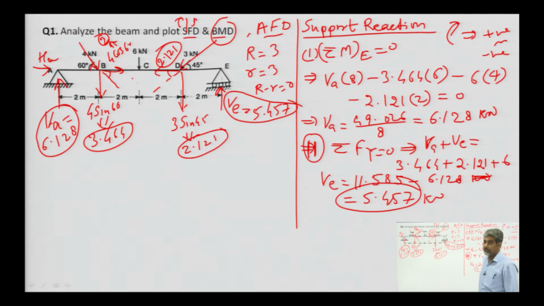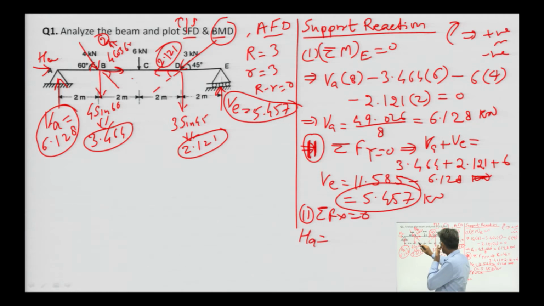Apply another equation to get the value of HA. And what is another equation? This is the second equation, so the third equation is sigma Fx equal to 0. Okay. When you apply sigma Fx equal to 0, then you will get the value of HA. So, HA will be equal to 2.121 minus this one component, this one component is 2.